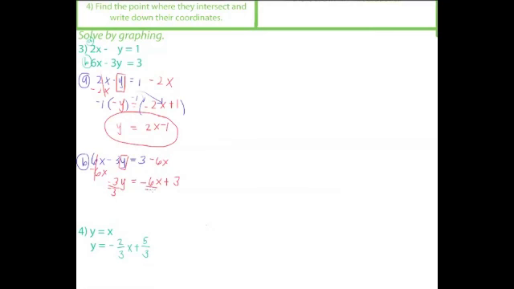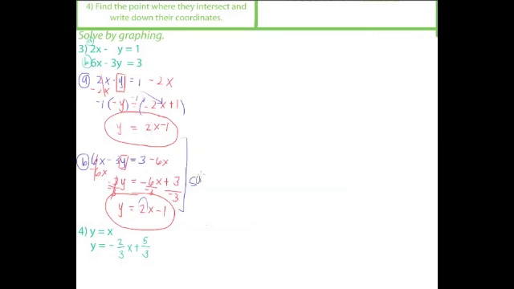Divide, divide, divide. Okay, so this cancels and we're left with y equals 2x minus 1. There's my second one. Now let's look at the slopes before we move on to graph it, because we may be able to save some time. So first equation, the slope is 2. Second one is 2 as well. Let's go to the back numbers, and they're both -1, so both the lines are exactly the same.